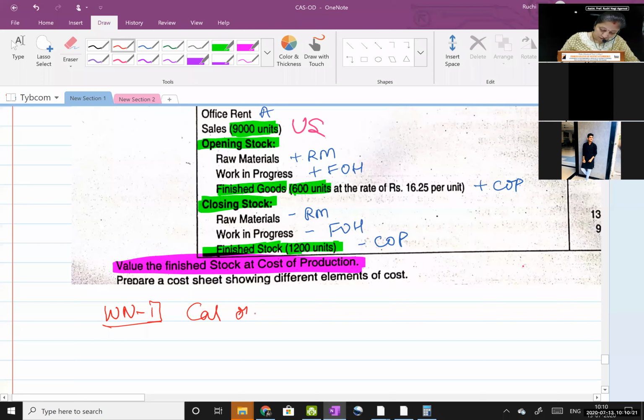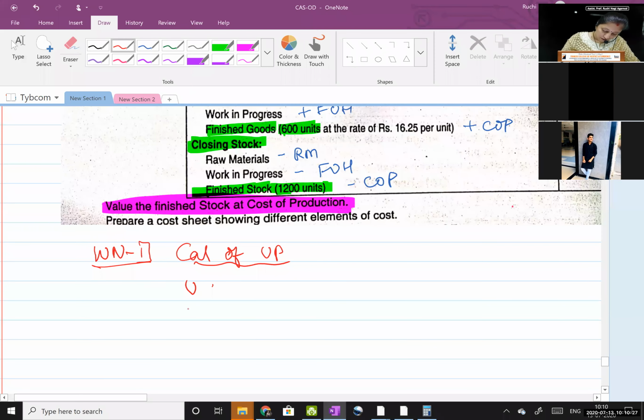Calculation of units produced. The formula was units sold plus closing stock of finished goods less opening stock of finished goods is equal to units produced. Okay?